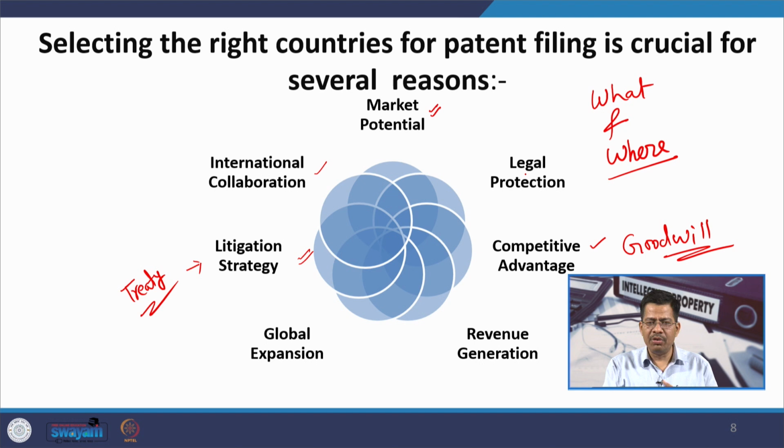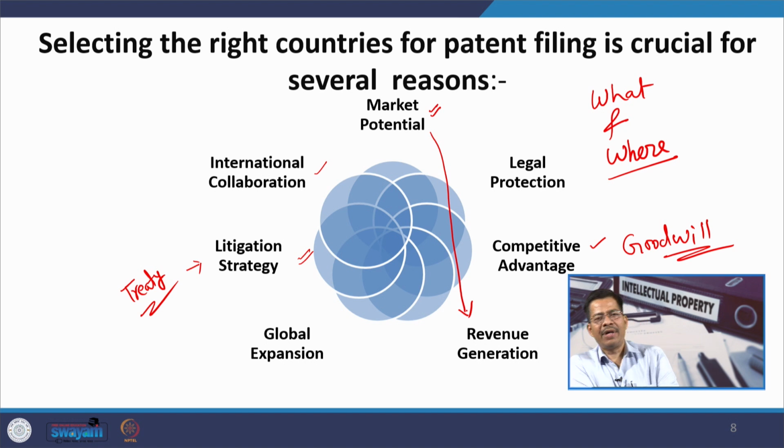It obviously gives you legal protection in different countries. And revenue generation. Revenue generation will only happen when you have a proper market potential. Otherwise, it will be a cost. As I said, going for foreign filing just for the sake of it is not a good idea. If it is giving you enough revenue, then only you should go for it.